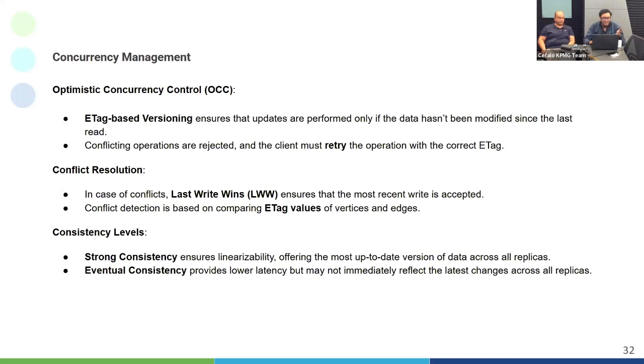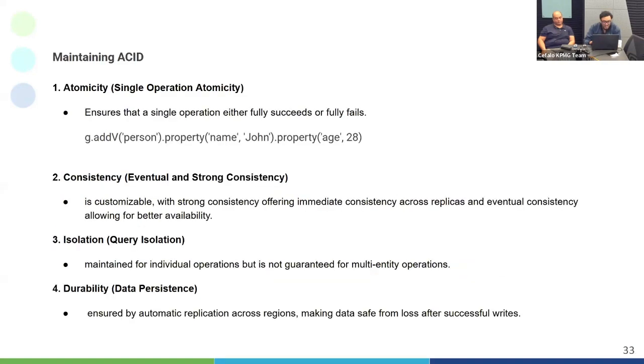Those things work for reels, because in the reels of social media we don't necessarily need all replicas to be up to date immediately. Latency can be accepted. As for managing ACID, since it doesn't support transactions here, we have to ensure that for Azure Cosmos we go with the query in one go.